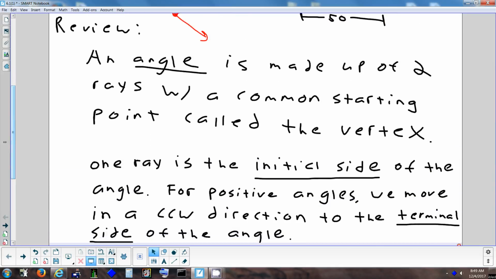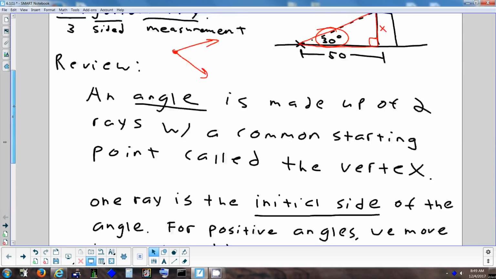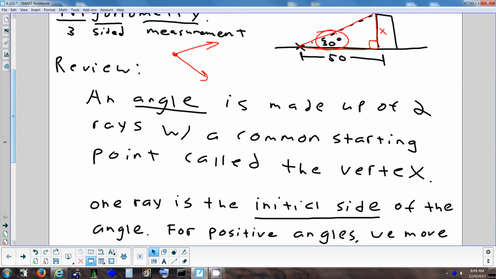So stay in between the rays and go in a counterclockwise direction. If I go in a counterclockwise direction, where I start is the initial, where I end is the terminal.